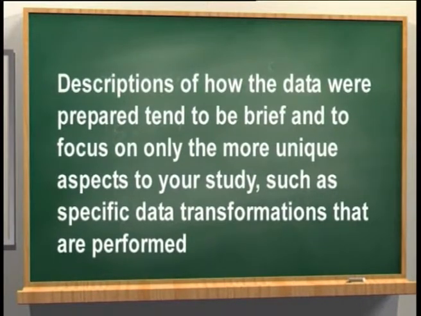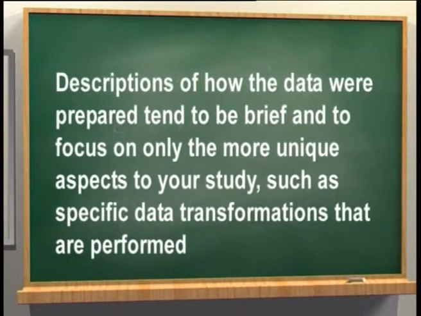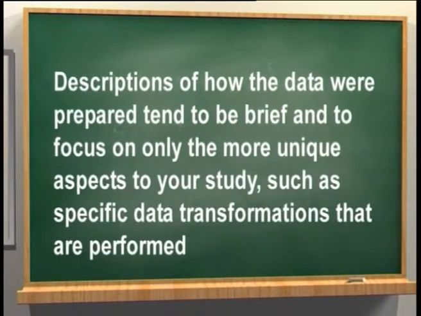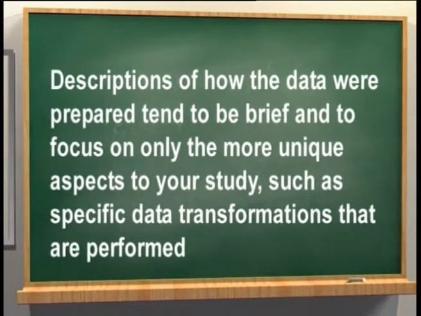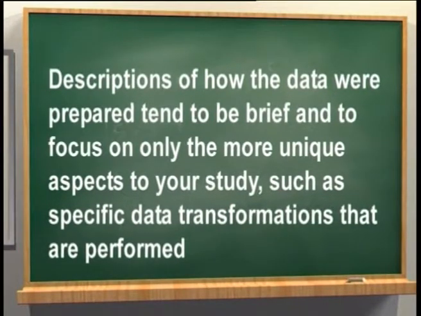Descriptions of how the data were prepared tend to be brief and to focus on only the more unique aspects of a study, such as specific data transformations that are performed. The descriptive statistics that you actually look at can be voluminous. In most write-ups, these are carefully selected and organized into summary tables and graphs that only show the most relevant or important information.